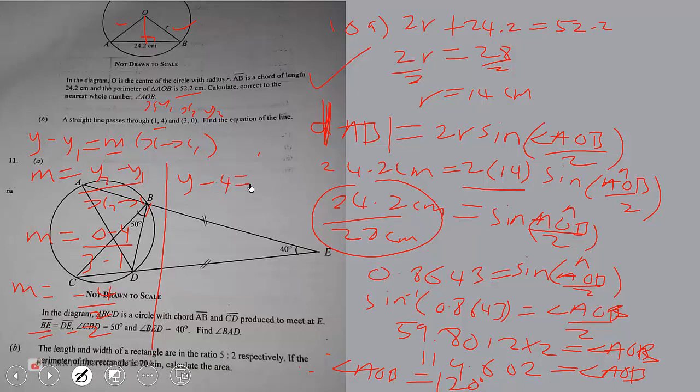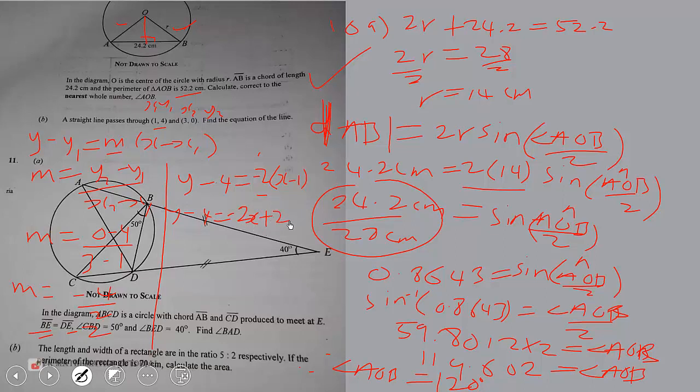So y minus 4 is equal to m, negative 2, into bracket x minus x1, which is 1. So we have y minus 4 is equal to, when we expand this, negative 2x plus 2.